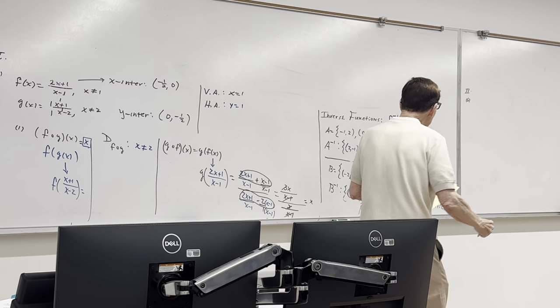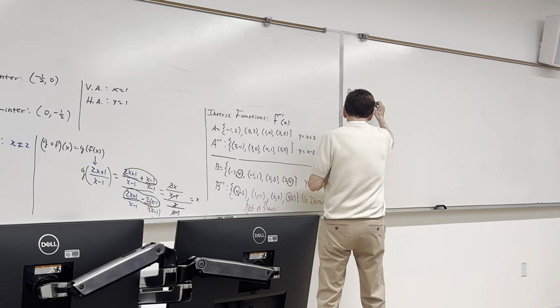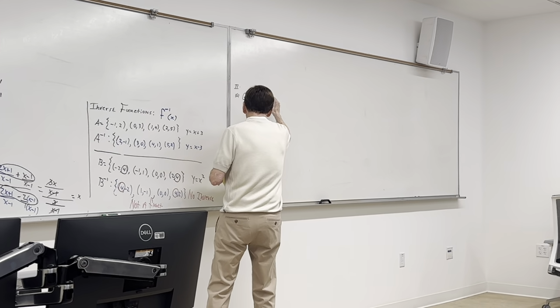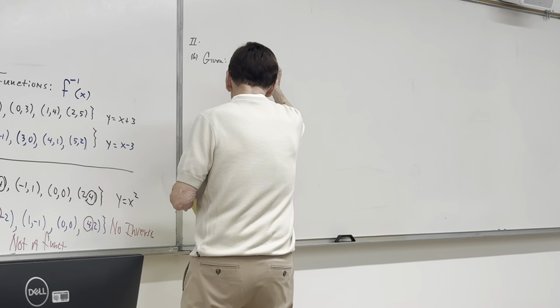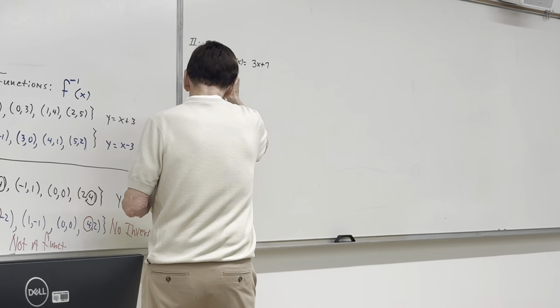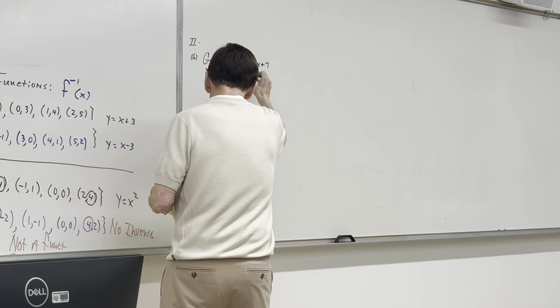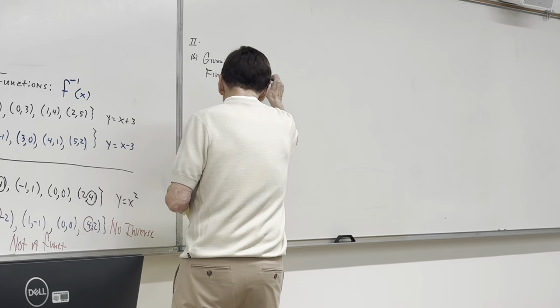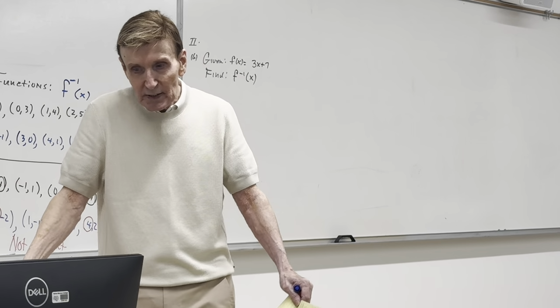F of X, give you a function, is equal to 3x plus 7. Let's start with a nice linear function. Find its inverse. That's my notation. We'll find its inverse.